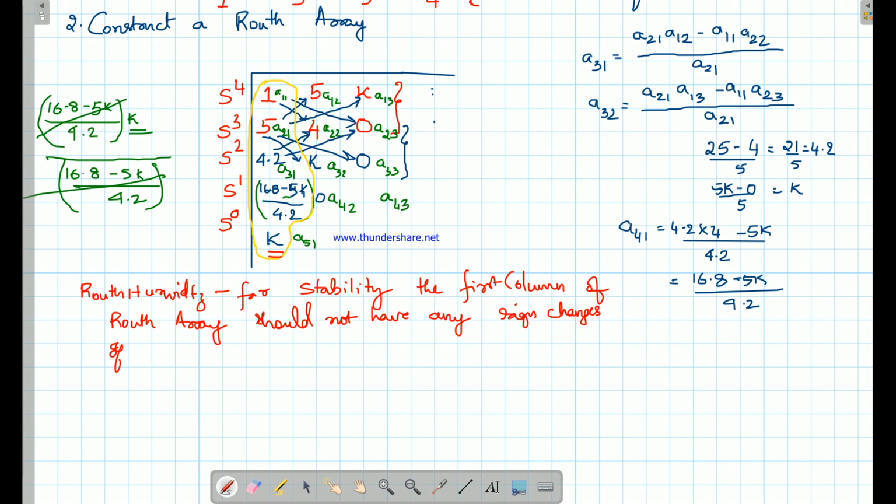If there are no sign changes, it means that there are no roots or poles.